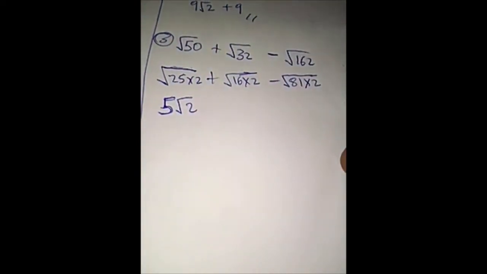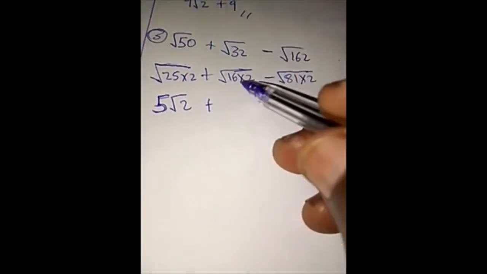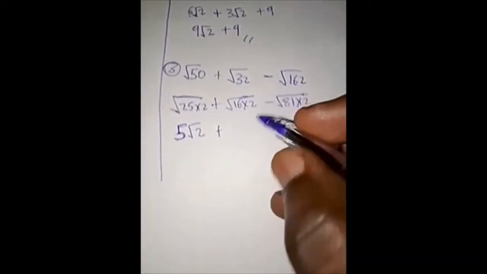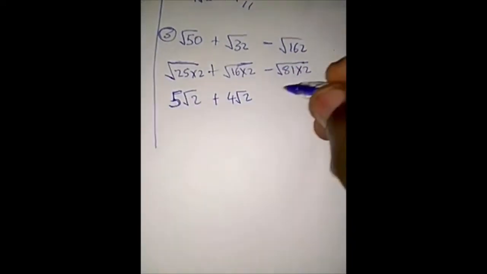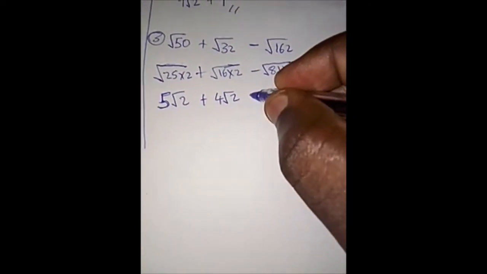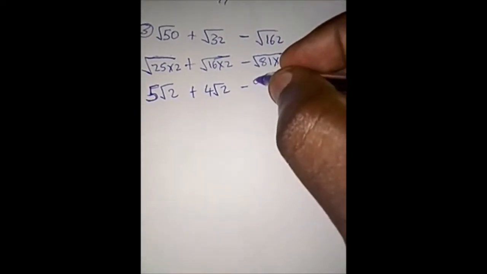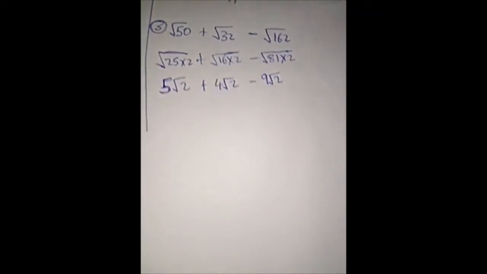The root of 25 times 2 is going to be just 5 root 2, plus root of 16 times 2 is just going to be 4 root 2, minus root of 81 times 2 is 9 root 2.